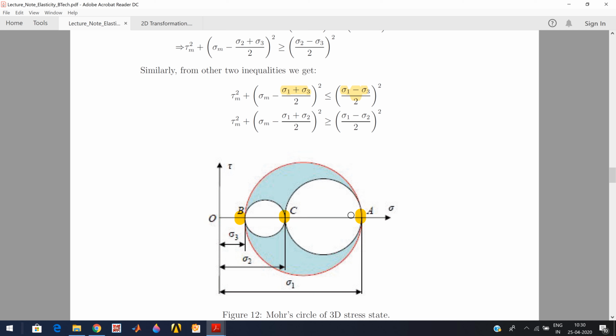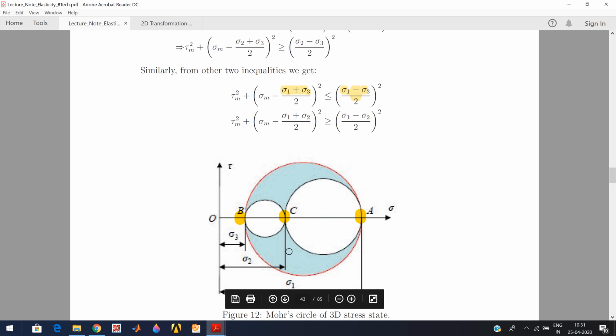Here we have assumed them as positive numbers, but they can be negative. Then the circles will shift to the negative axis of sigma, but the pattern or behavior will be the same. Sigma 1 will be on the right side, sigma 2 in the middle, and sigma 3 on the left side, because we have assumed sigma 1 greater than sigma 2 greater than sigma 3.